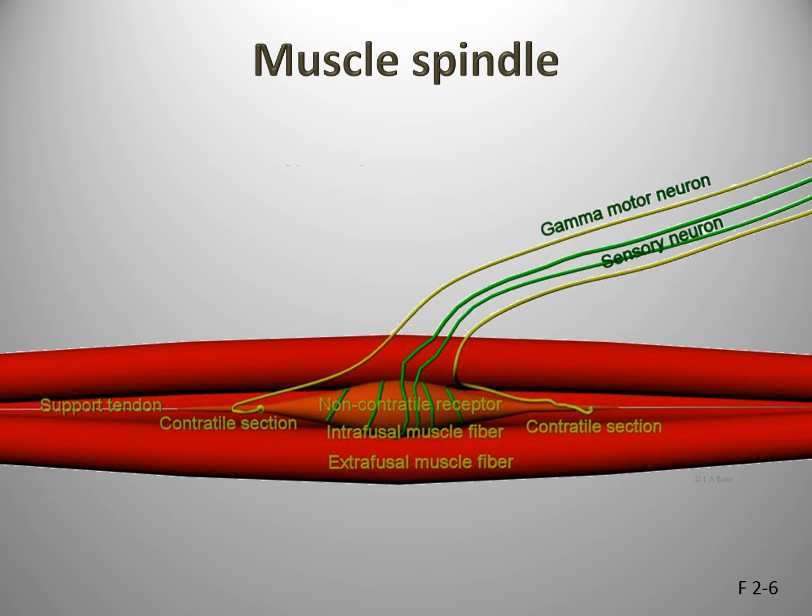The ends of the spindles have contractile sections which are innervated by slightly slower transmitting gamma motor neurons.